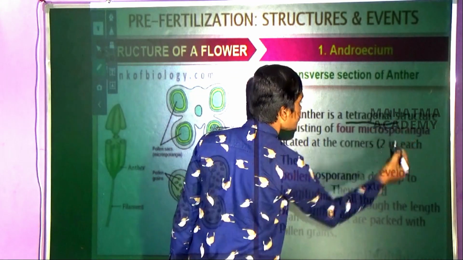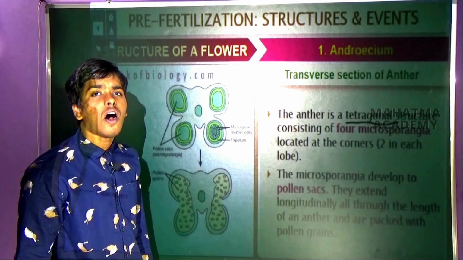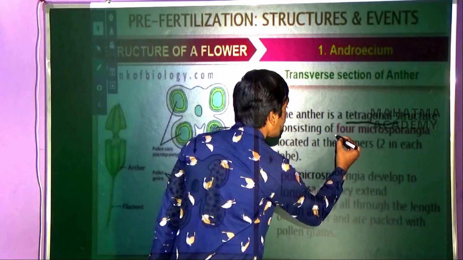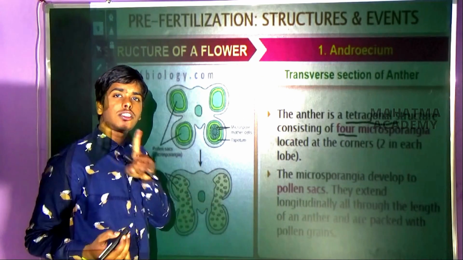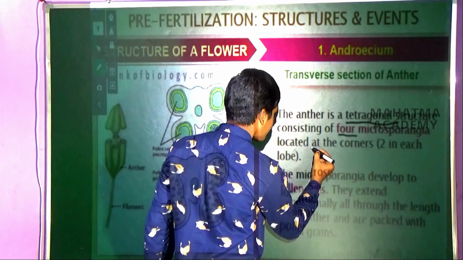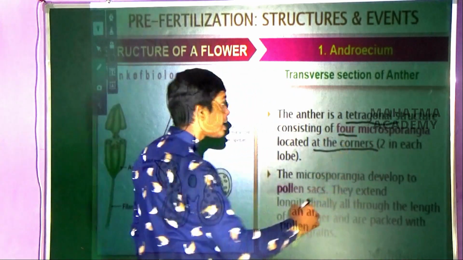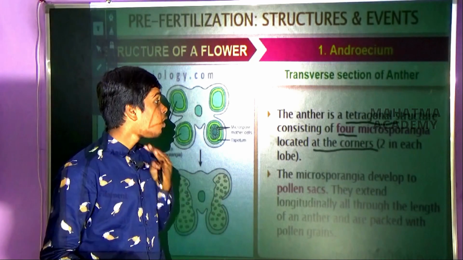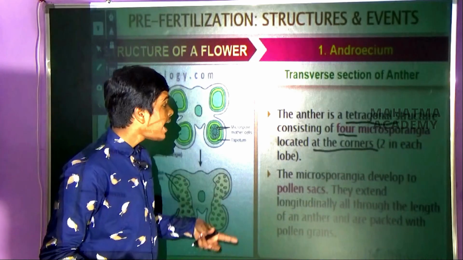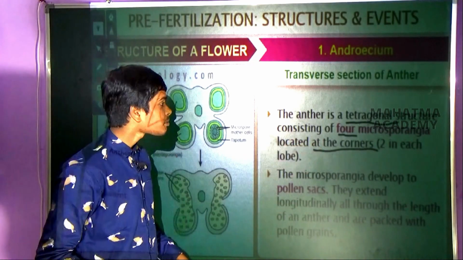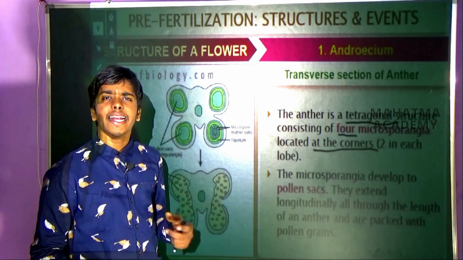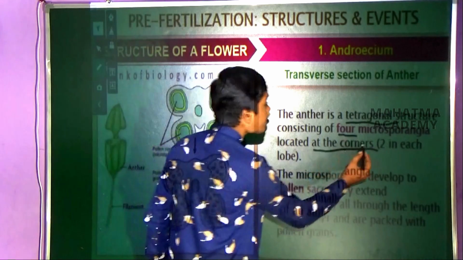Tetragonal shape, and it consists of how many microsporangia? It has 4 microsporangia, located at the corners. In each lobe, how many are present? 2 are present.